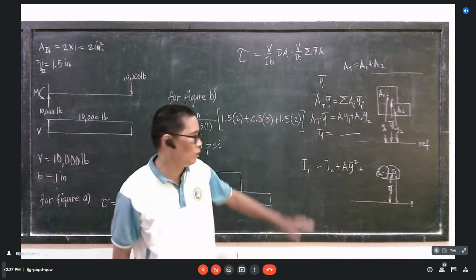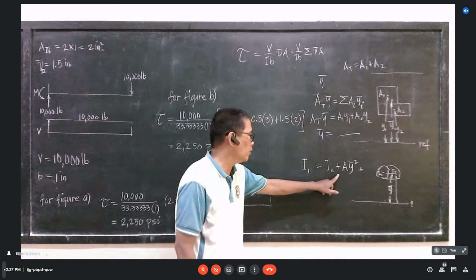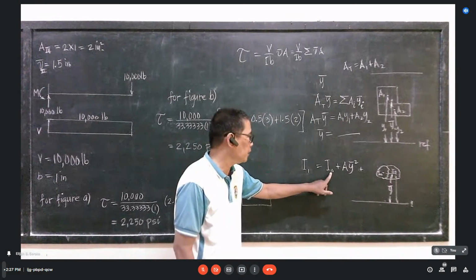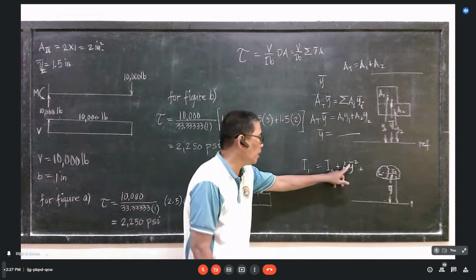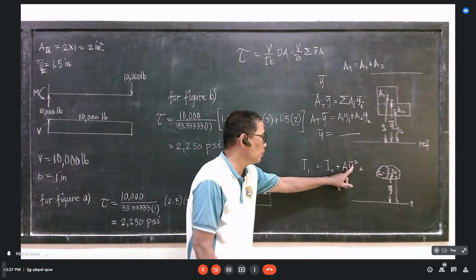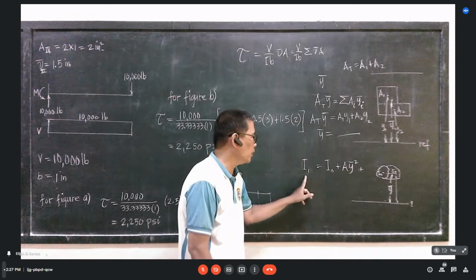Do you understand this? Yes, sir. We moved our reference not from the centroid but to a new axis. So this y bar is important because it is the distance from the centroid to the new axis.